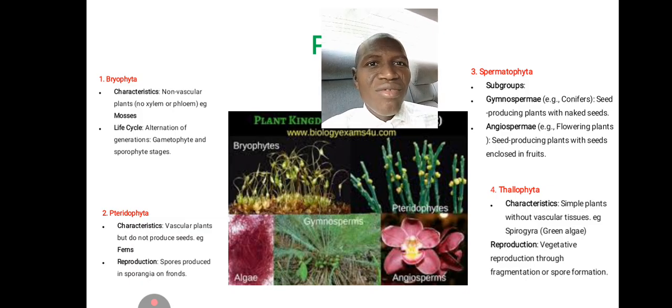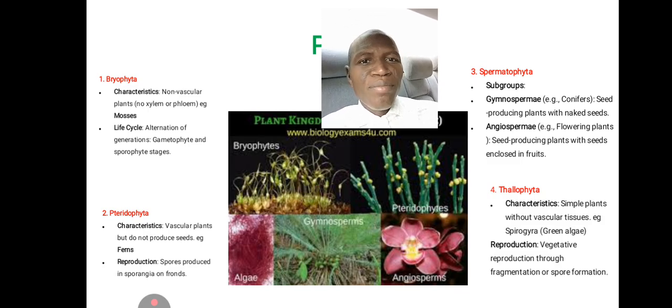Their life cycle is alternation of generations, gametophytes and sporophytes. So you see, their reproduction can come from the direction of gametes and can come from the direction of spores. They form spores like fungi.